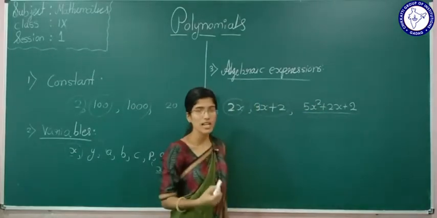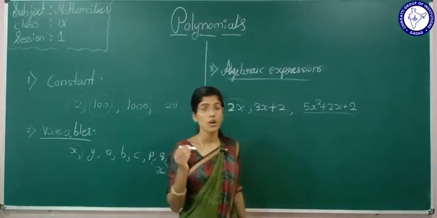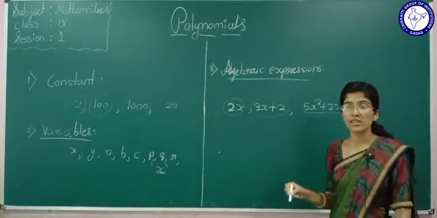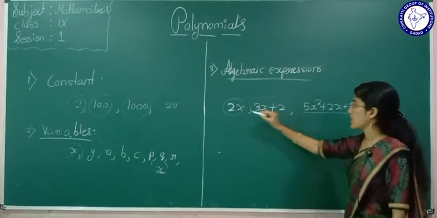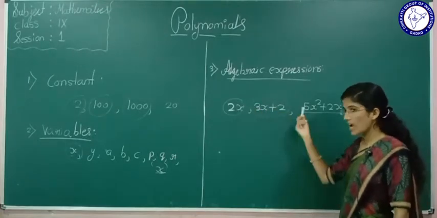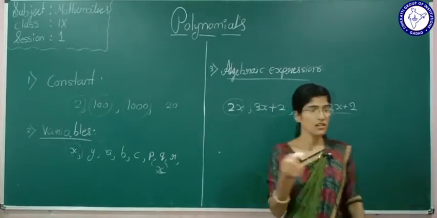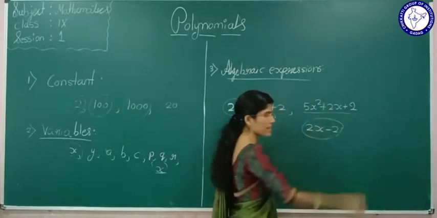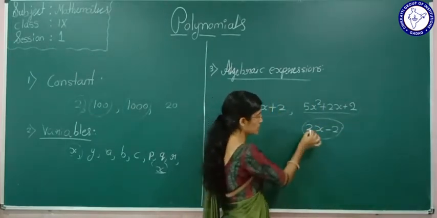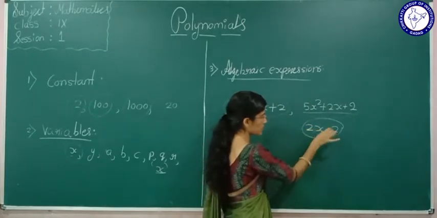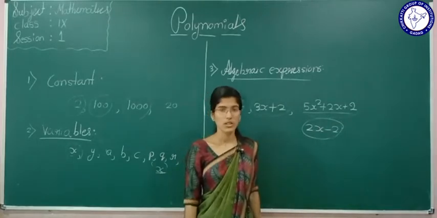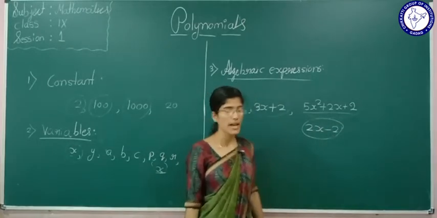So an algebraic expression is a combination of constants and variables connected by operations like multiplication, addition. Or see here, 2x minus 2 is also an algebraic expression, yes or no? It is a combination of a constant and a variable, and here the operation is subtraction. So this is about algebraic expressions.